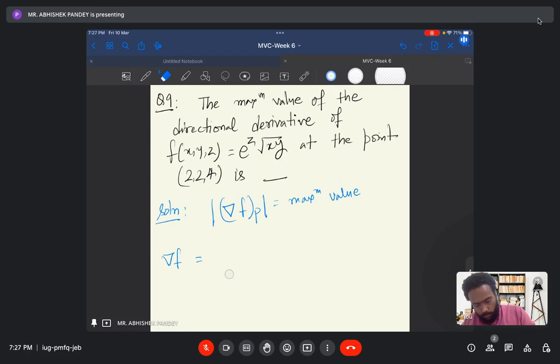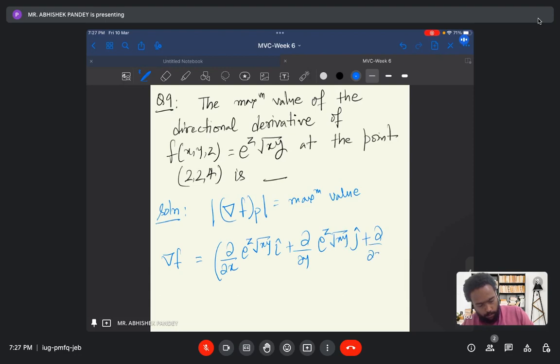So this will be del by del x e to the power z root over xy I cap plus del by del y e to the power z root over xy j cap plus del by del z e to the power z root over xy k cap. Okay.